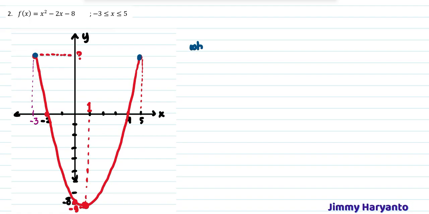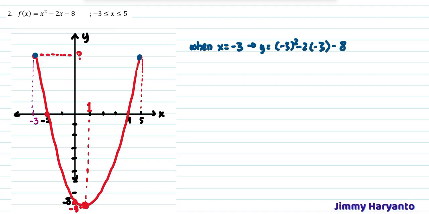So when x equals negative 3, the y will be negative 3 squared, minus 2 times negative 3, minus 8. Simply put the negative 3 into the x. So this one is 9, and then plus 6, and then minus 8. So you'll have 15 minus 8 equals 7.